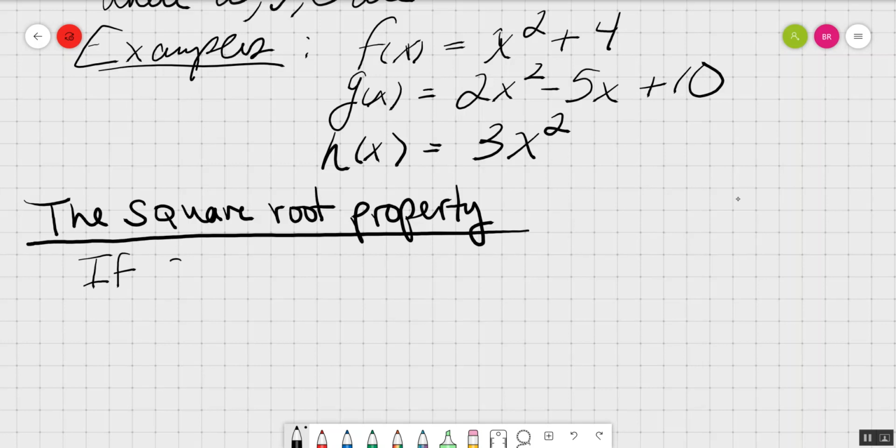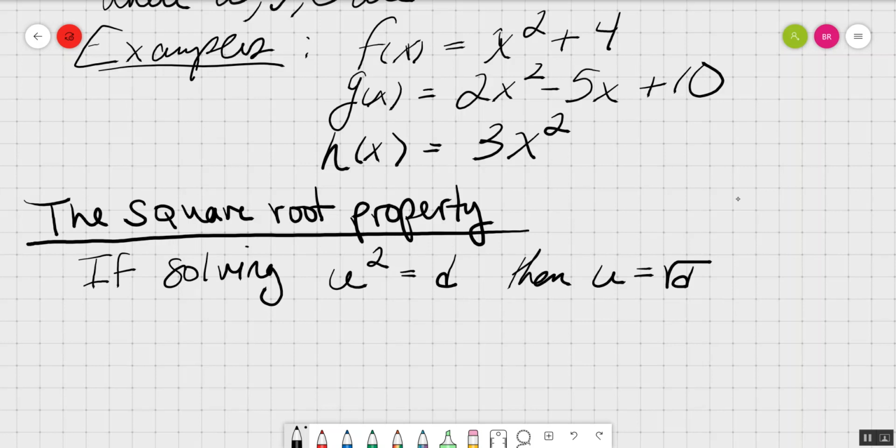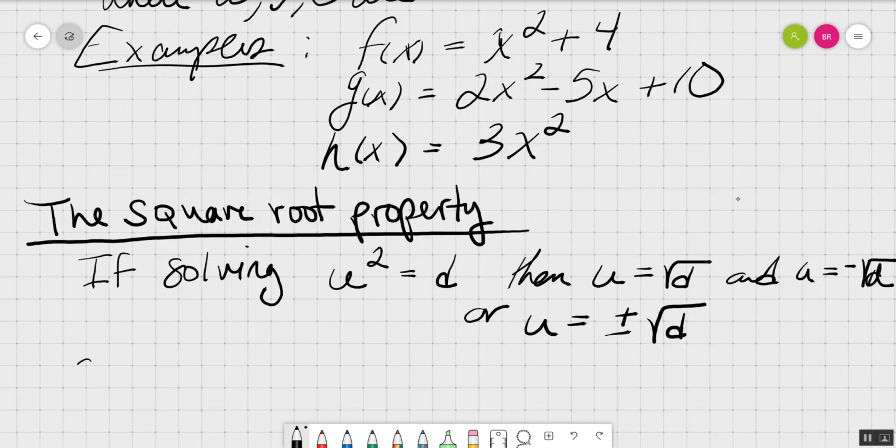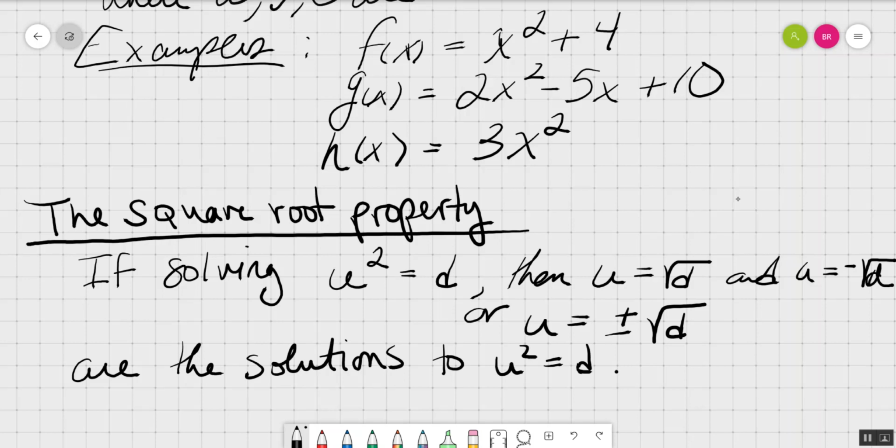So if you are solving some expression u squared equals a number d, then u equals the square root of d, and u equals the negative square root of d, or u equals plus or minus the square root of d, are the solutions to u squared equals d. This is basically the idea of if I want to undo a square, I use a square root, which isn't too big of a shocker.